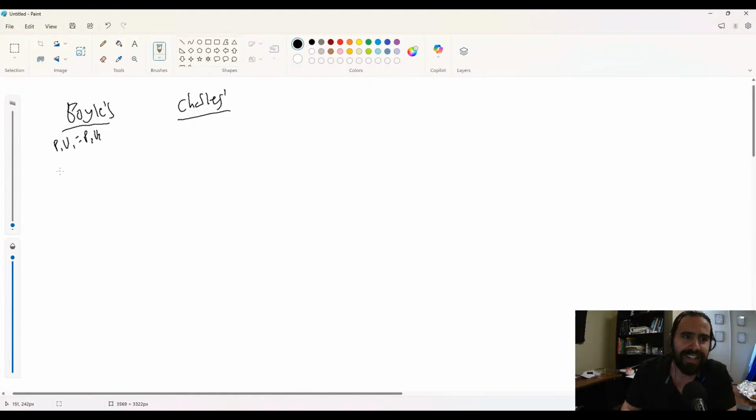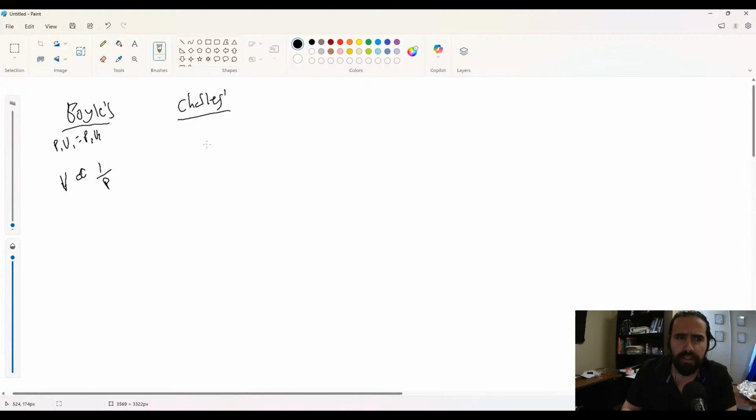But since it's inversely proportional, we could also say that the volume is inversely proportional, with this little chopped up infinity sign. All that means is that it's proportional. It's inversely proportional, so 1 over P. So P1V1 equals P2V2 is another way of saying that V is proportional to 1 over P.